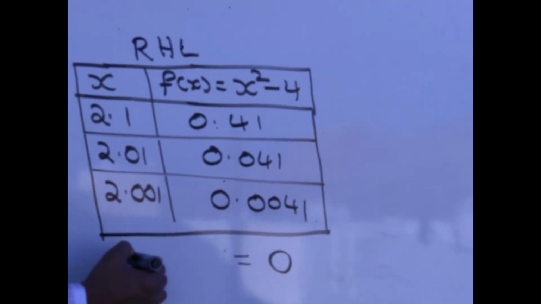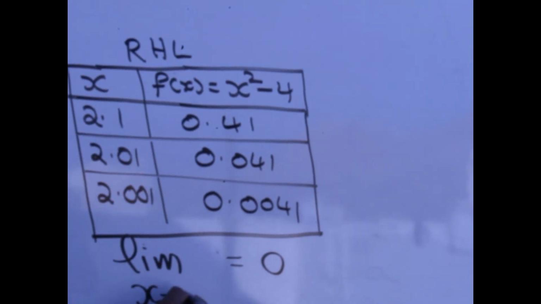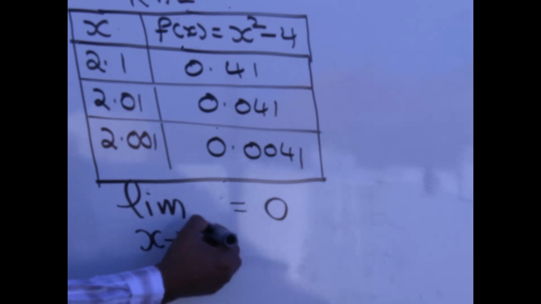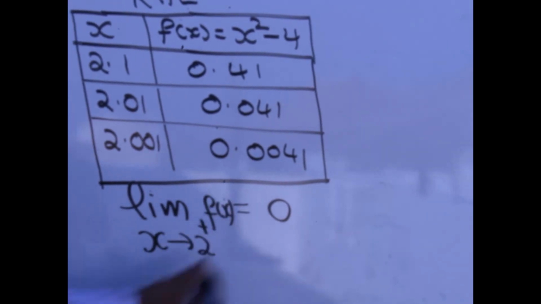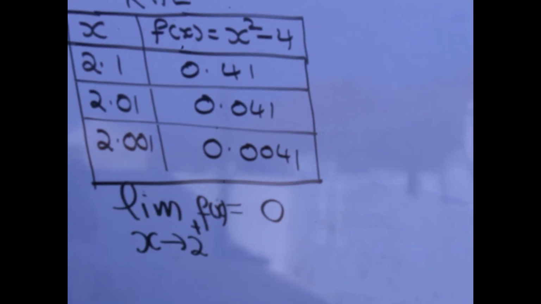So we can write limit x tends to 2 plus of f of x, where 2 plus indicates RHL, equal to 0.